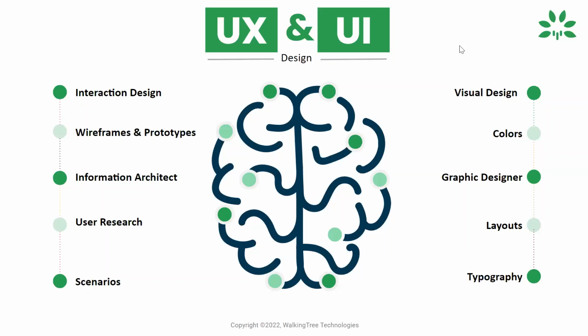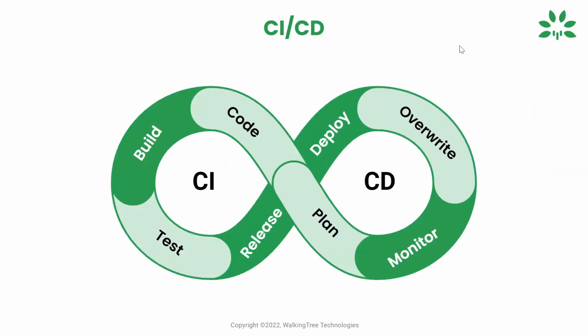We identify the scenarios. According to that, the prototypes and wireframes are created. So this is the main thing that we do for modernization of the app, with the new technologies offering that we will consider as part of the UX.